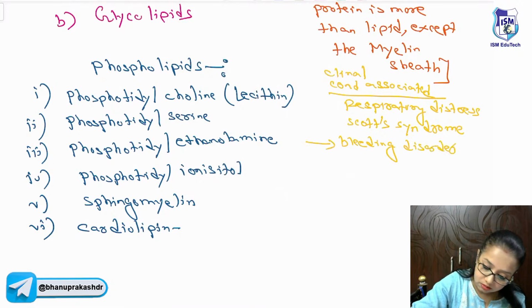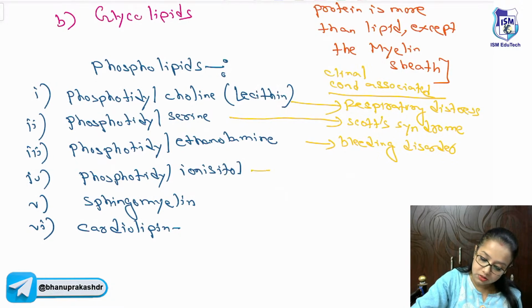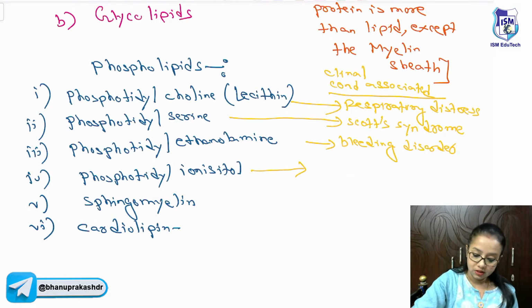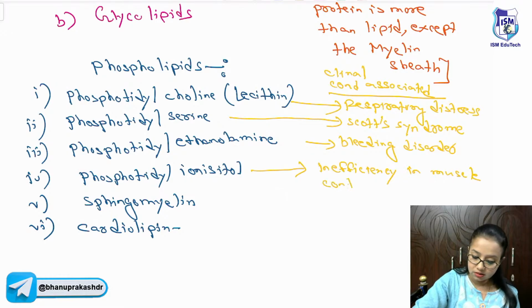And phosphatidylinositol is a precursor of IP3 and DAG. Both IP3 and DAG are very important for the contraction of smooth muscle, so deficiency leads to inefficiency in muscle contraction.